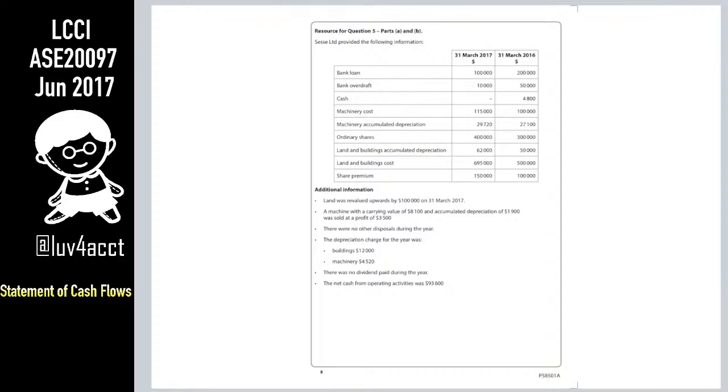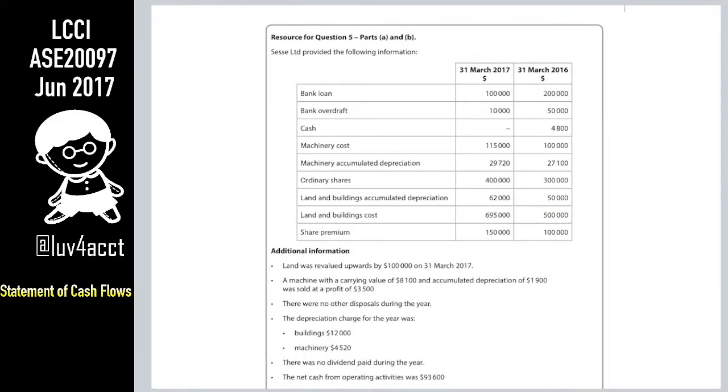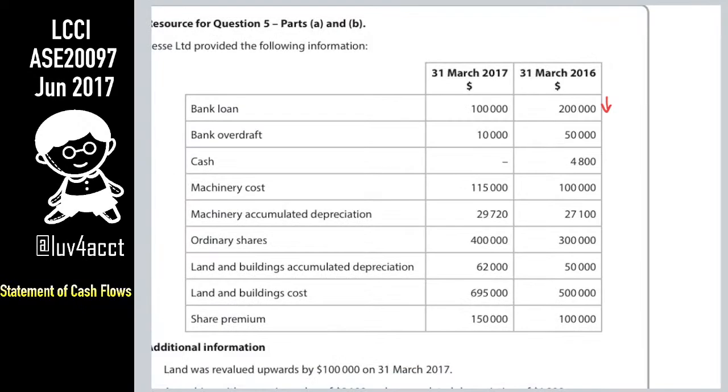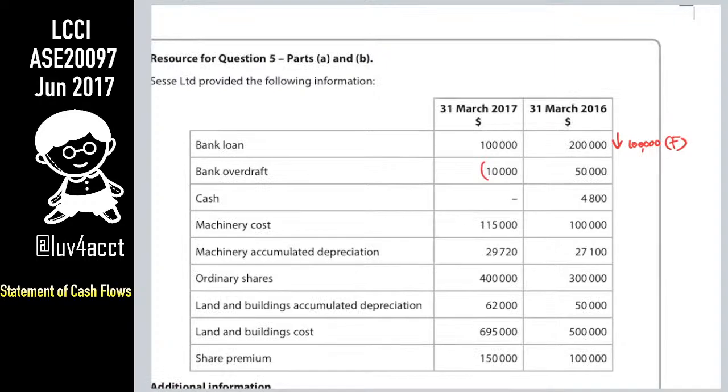Maybe A and B, okay. So bank loan, we have a decrease of 10,000. Financing activities negative, a repayment of bank loan, bank overdraft and cash. Okay, bank overdraft.